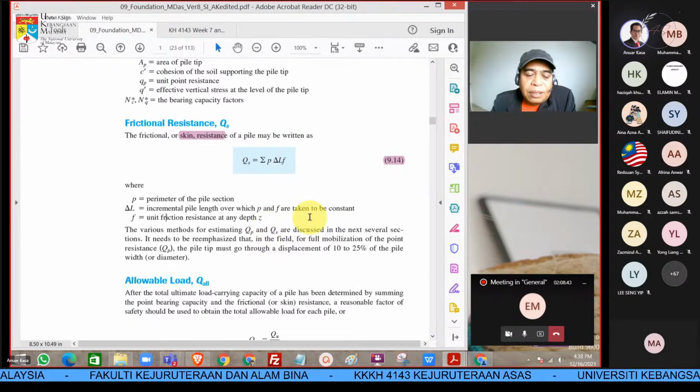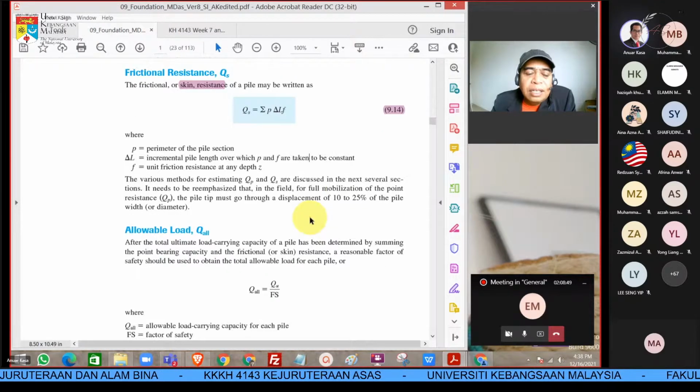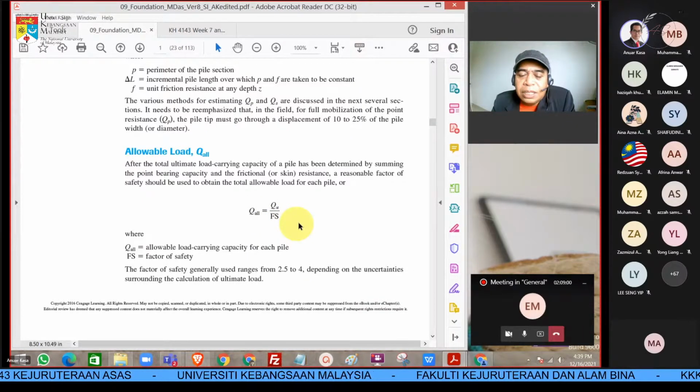Okay. That is how to get the Q, P, and QS. To get the Q allowable, we know that this equation is true for many cases. Whatever allowable is actually ultimate over factor of safety.